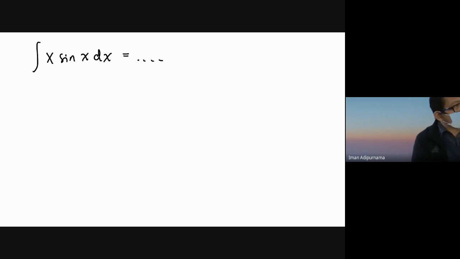So you can have several ways, right? You can have several combinations of u and dv that you can choose, and you can try which one is better or simpler. Both x and sine x can be differentiated and integrated easily. Usually, if you can differentiate but cannot integrate, then that will be your u, and if you can easily integrate, then that will be dv.